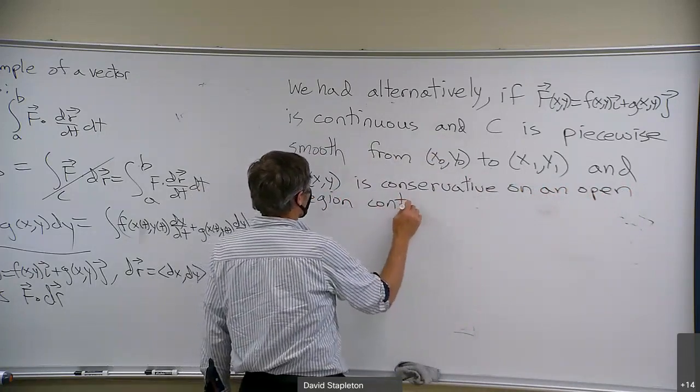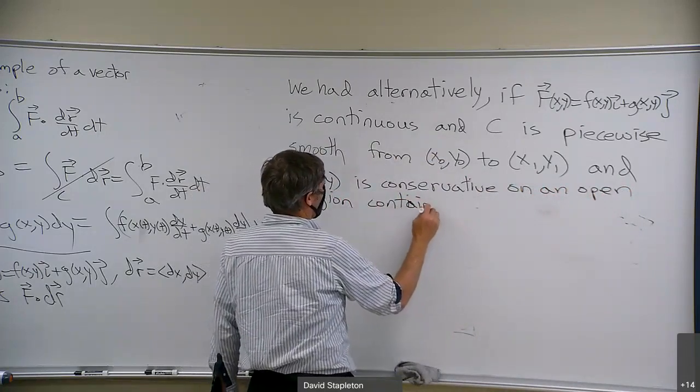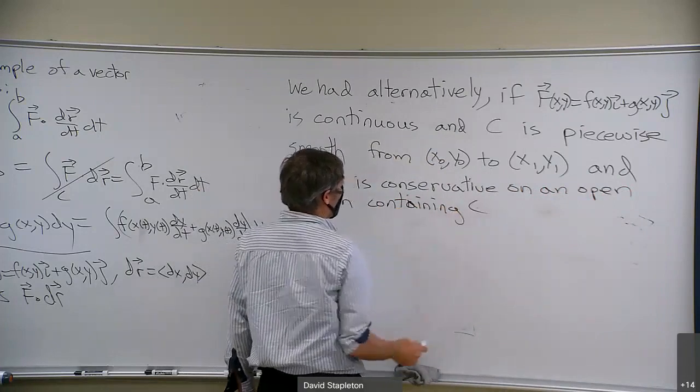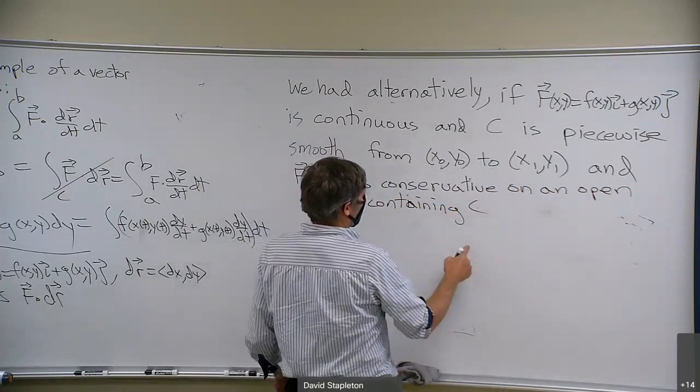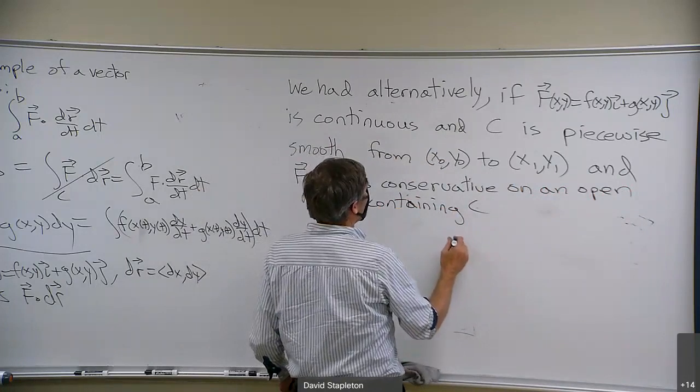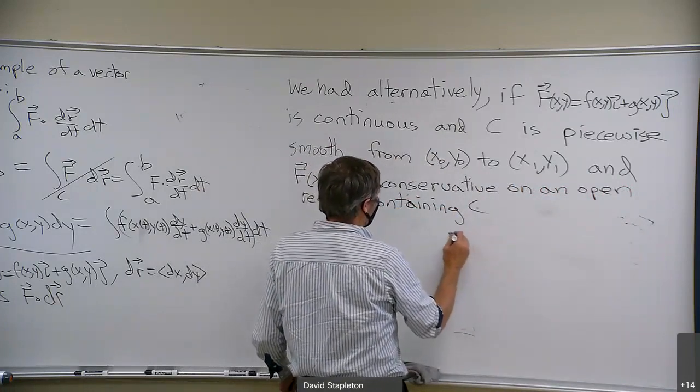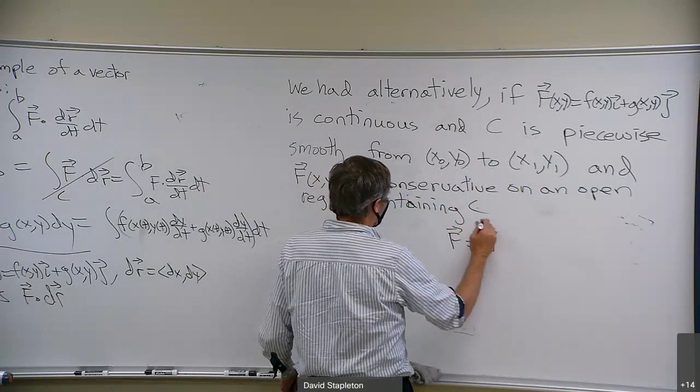What does that mean, conservative? One with the phi symbol. Yeah, with the del symbol, with phi in it. If F is the gradient of some function phi.